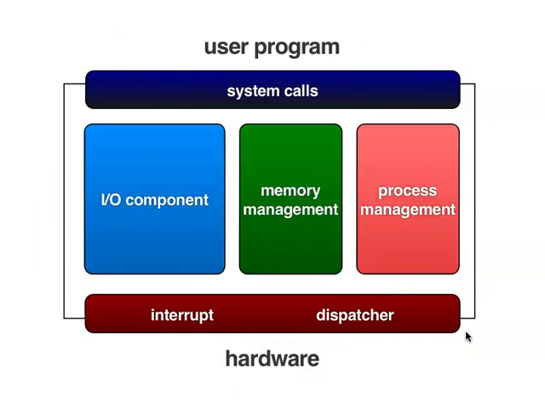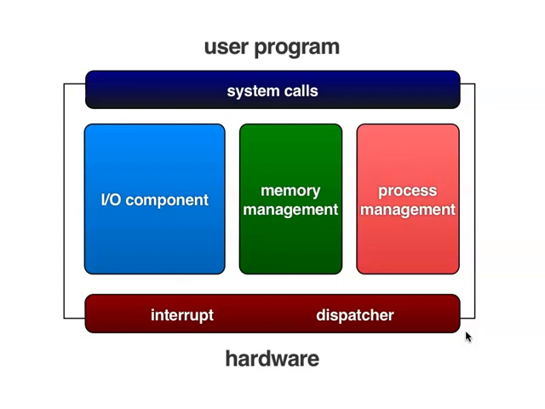Now within the kernel, we have mainly three things. We have process management to manage all the different processes. We have memory management to manage logical memory, physical memory, allocation of memory, and so on. And then we have the I/O component that manages all the I/O devices, like your pen, your display, your printer, everything.